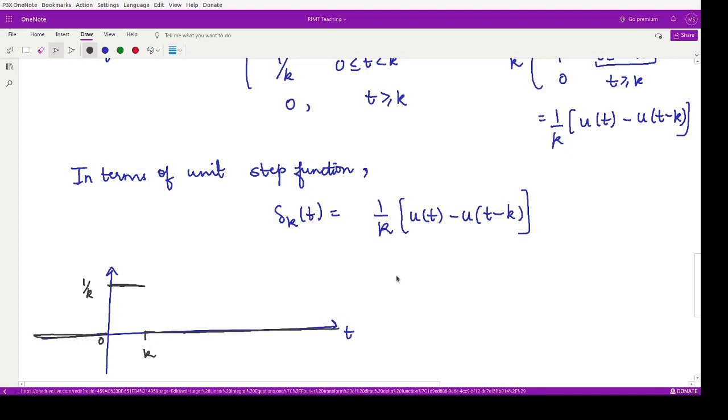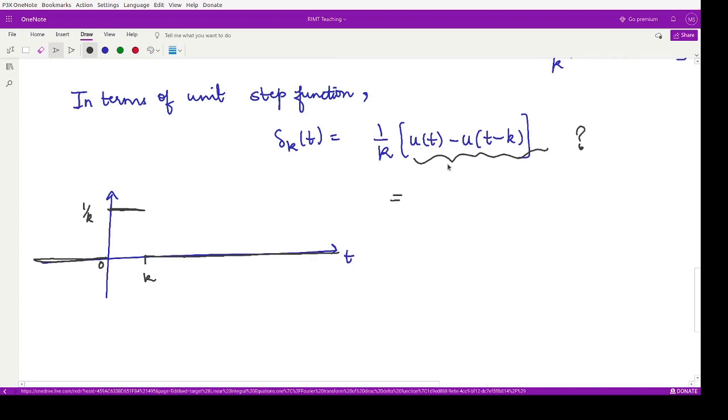Now how is this equivalent to this quantity? Let us see how. If you draw u of t, what would be u of t? U of t multiplied by 1 by k would be 0 whenever t is less than 0, and 1 whenever t is greater than or equal to 0.